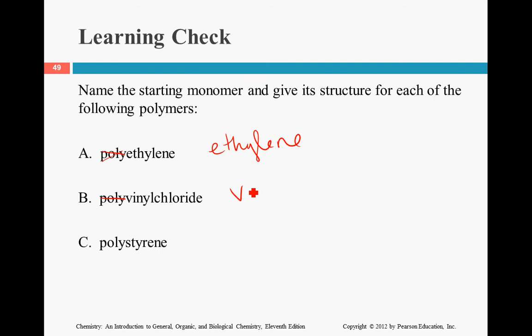Polyvinyl chloride means that it's starting off with a monomer of vinyl chloride. However, that's not very specific. That's the common name. It actually looks like this. And that's actually 1,1-dichloroethene.